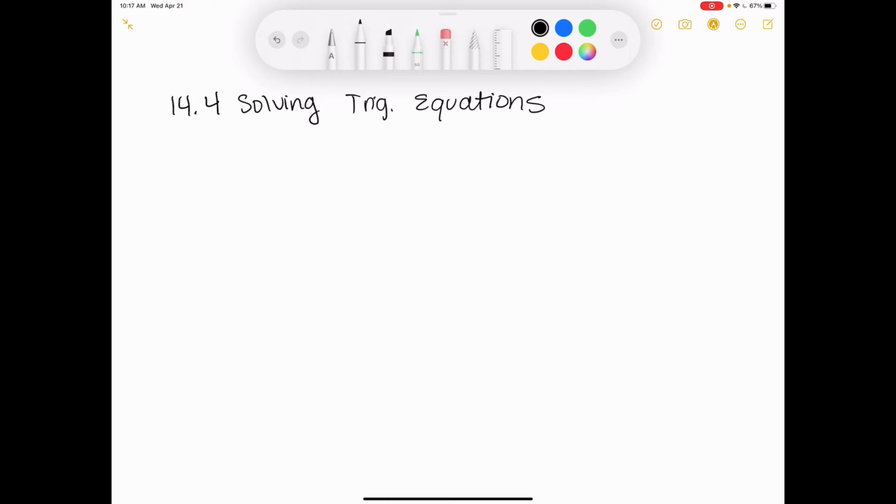Okay, so this section is solving trig equations. Basically now the stuff that we've been doing, you have it equal to 0 and you have to solve for x. This is going to throw back in inverse trig stuff that we've had. It's going to do solving just equations in general, so hopefully you remember how to do that.